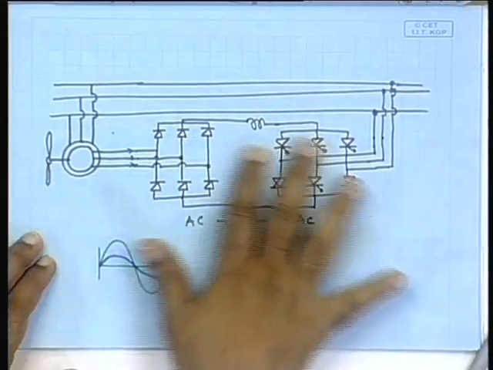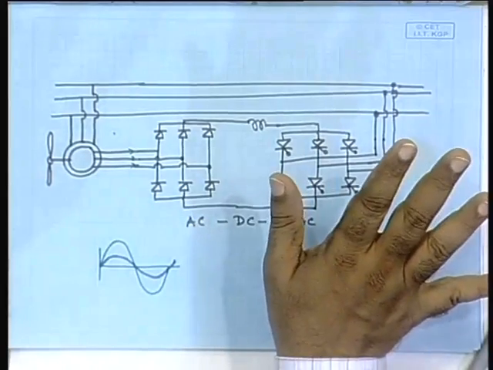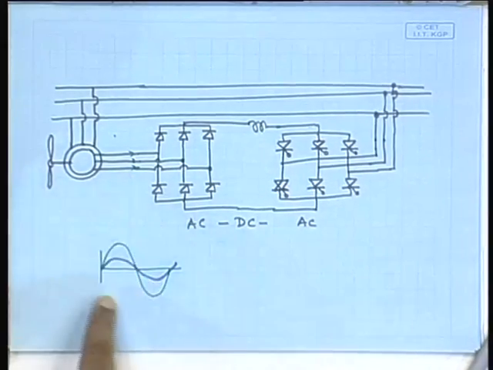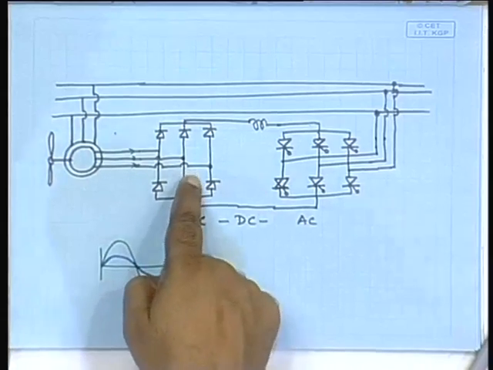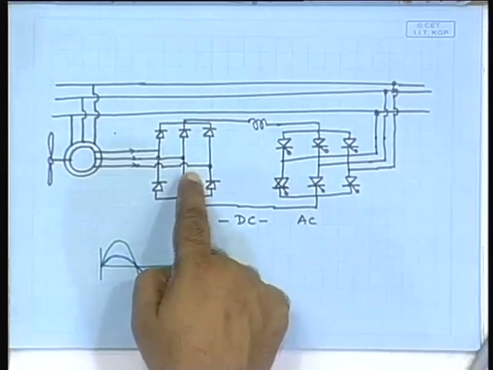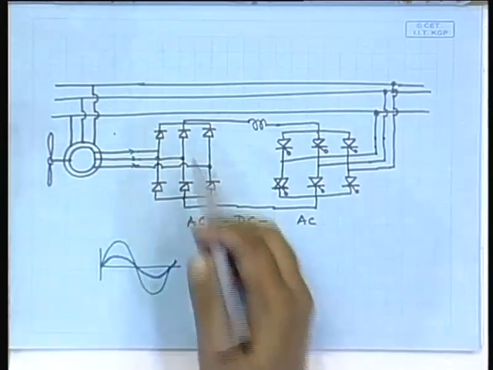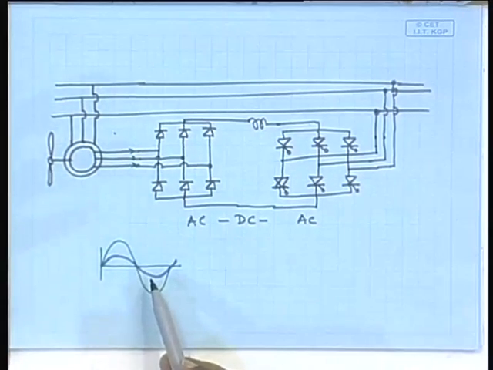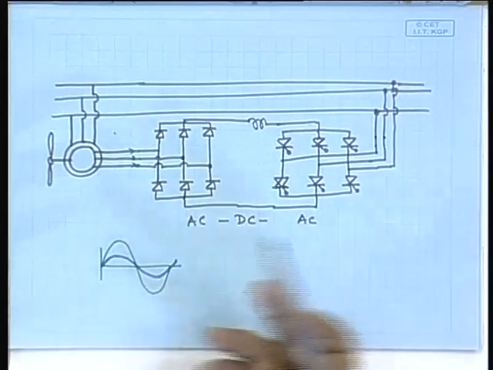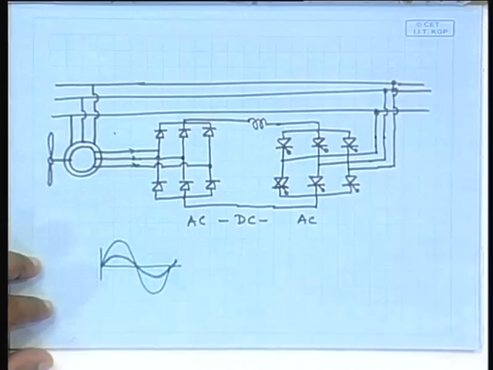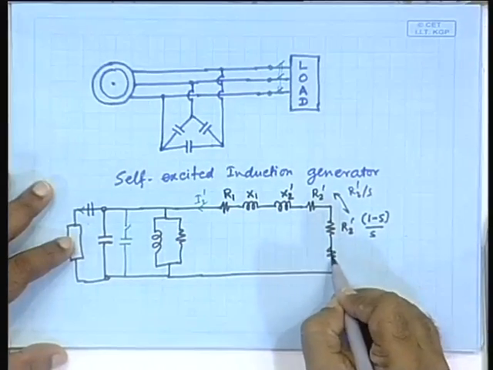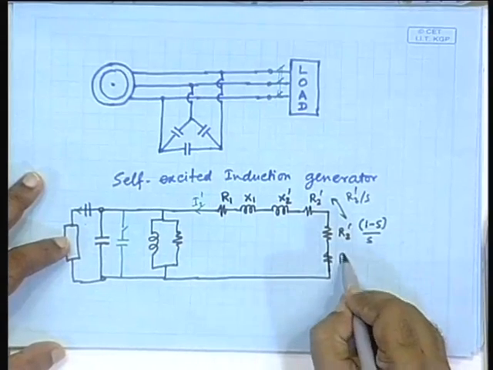Even though this is not a resistance, it is a completely different affair, effectively these terminals will see a resistance. Why? Because it is an uncontrolled rectifier, and so the current will flow in phase with the AC, and therefore it will see a resistance. It will see a resistance means effectively it will see as if an additional resistance has been connected to it. Let us call it Rx.